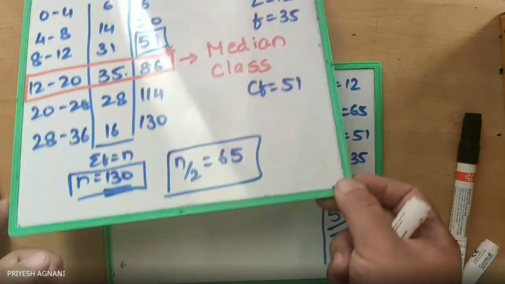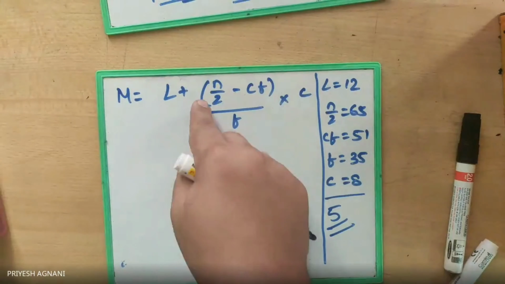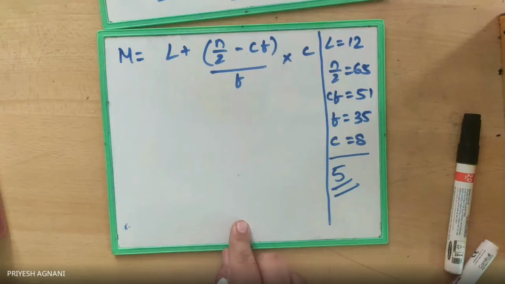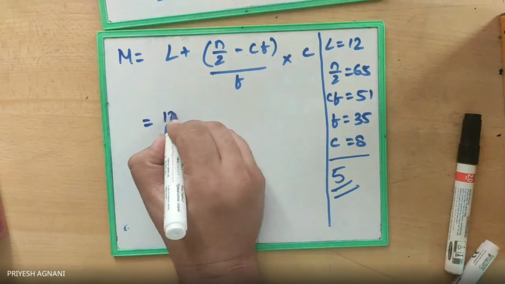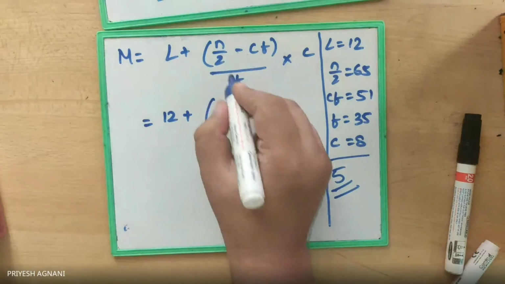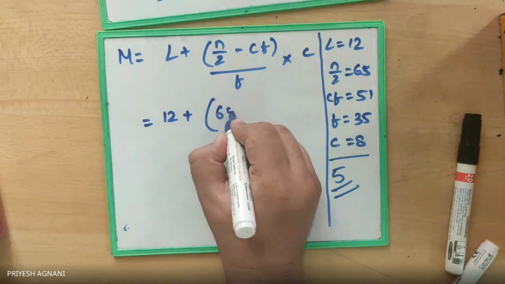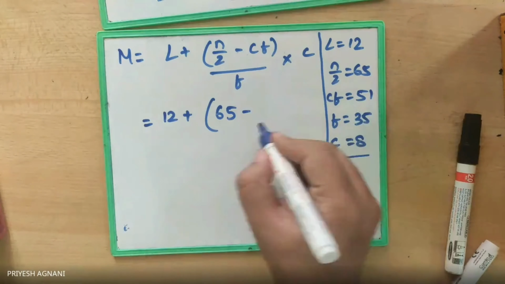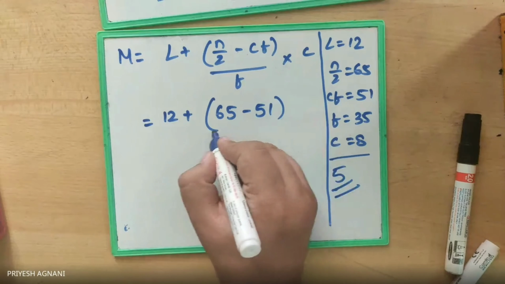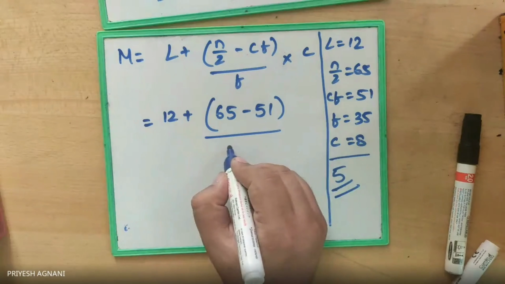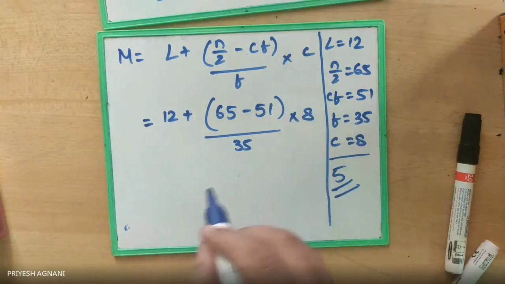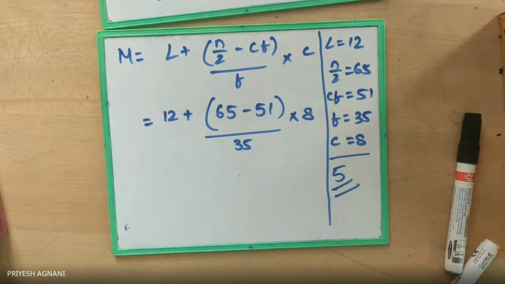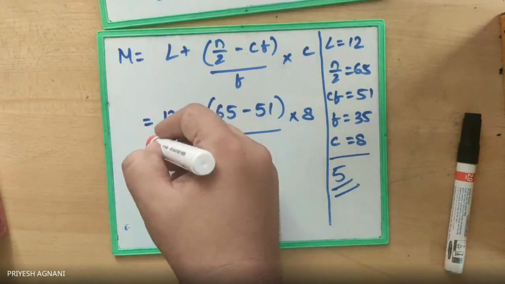Then we put all the values into this formula. So this is equal to L, that is 12, plus n by 2, that is 65, minus CF, 51, upon F, that is 35, multiplied by 8. Usually students make a very big mistake by solving 12 and 35 together.